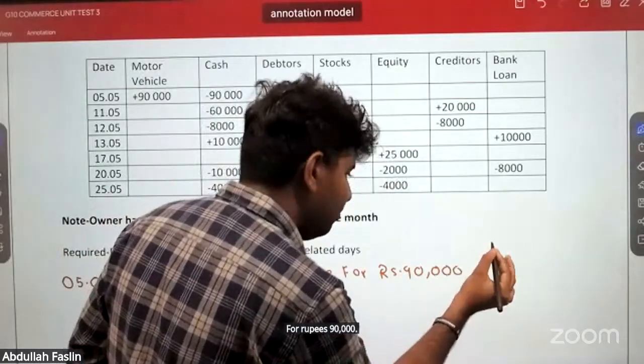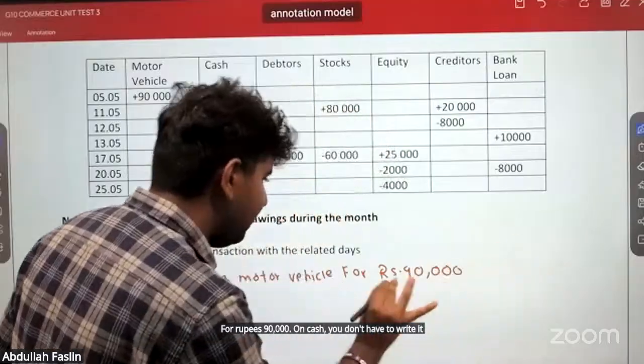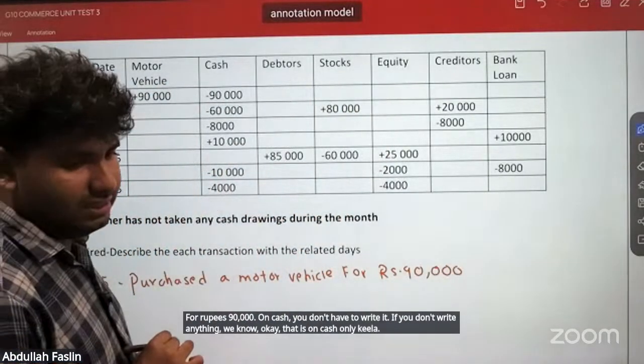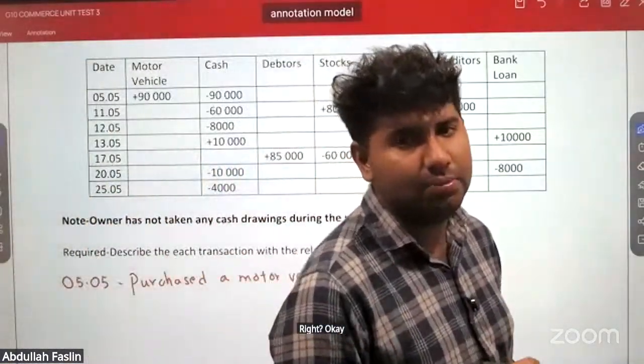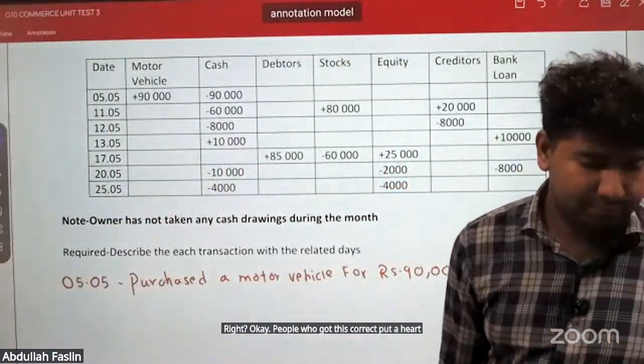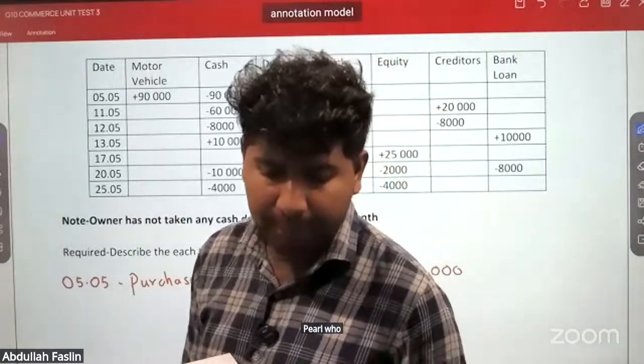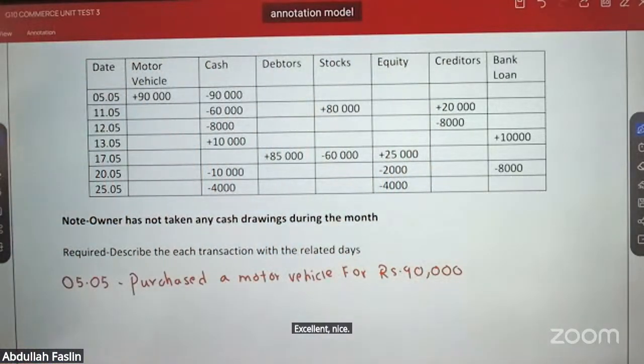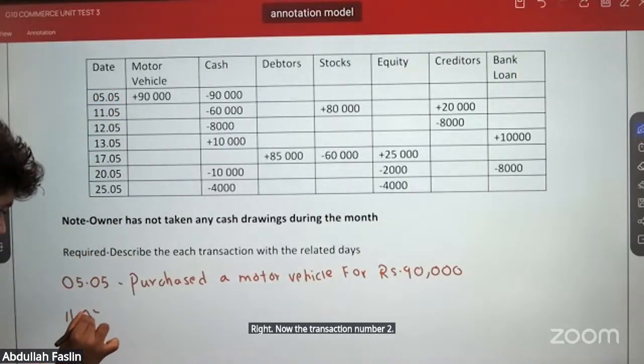On cash, you don't have to write it. If you don't write anything, we know that it is on cash only. People who got this correct, put a heart. Excellent. Nice.